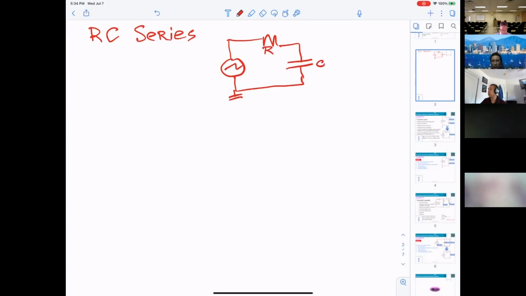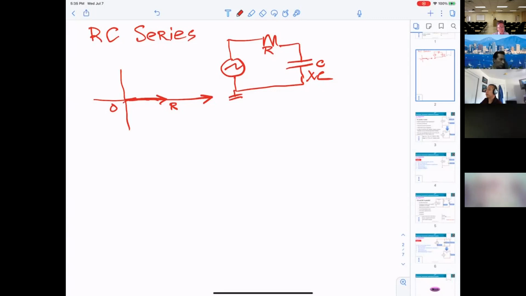Okay, so now the only thing I want to know: if I draw the phasor vector for R here, where is the axis? Negative j.